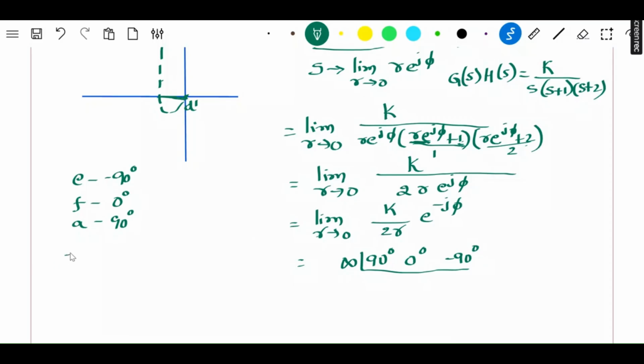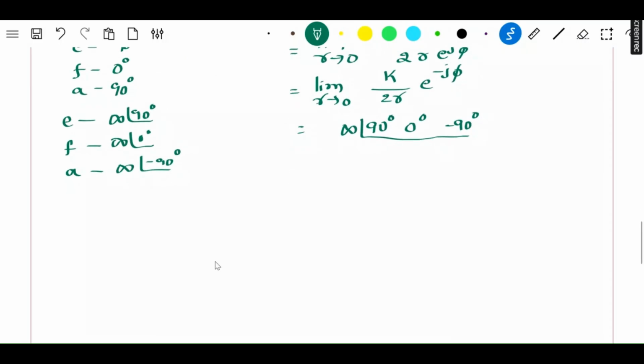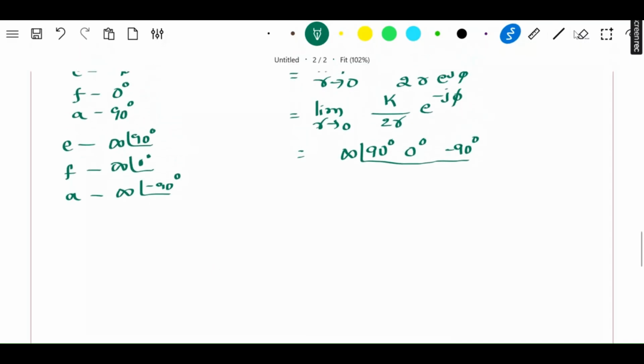So therefore, what happens here is at E, it is infinite at 90 degree. At F, it is infinite at 0 degree, whereas at A, it is infinite at minus 90 degree.